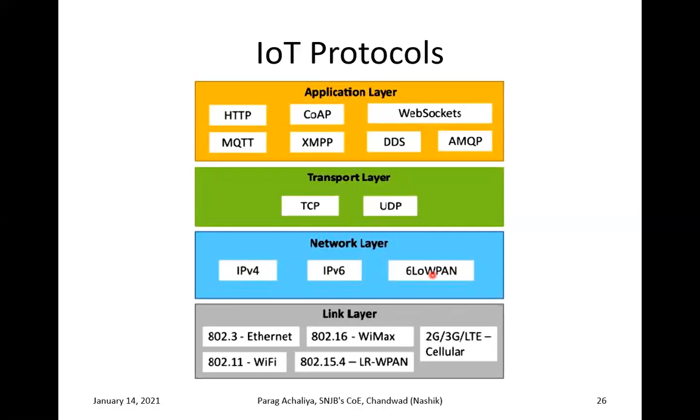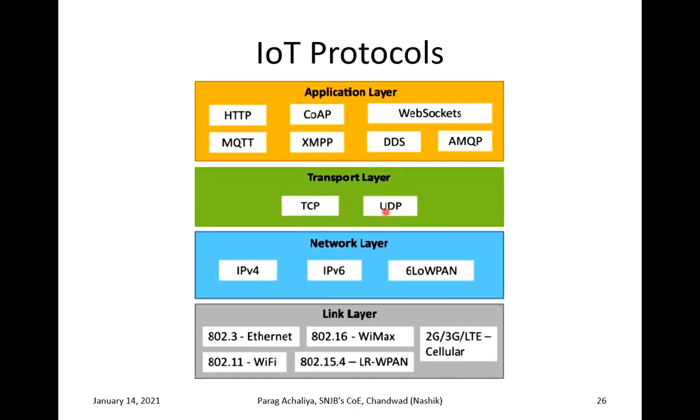Then the next layer is the transport layer of the IoT architecture. In that transport layer, two basic protocols are going to be used: TCP and UDP. I hope you all are aware of TCP and UDP. The full form of TCP is Transmission Control Protocol, whereas UDP is User Datagram Protocol. The main difference between TCP and UDP is that TCP is connection oriented and UDP is connectionless.